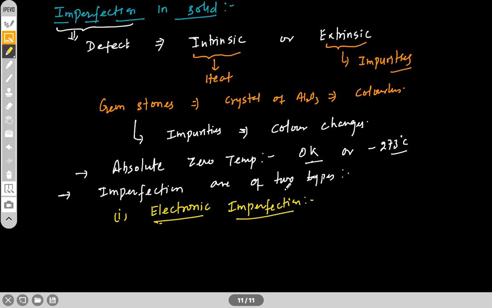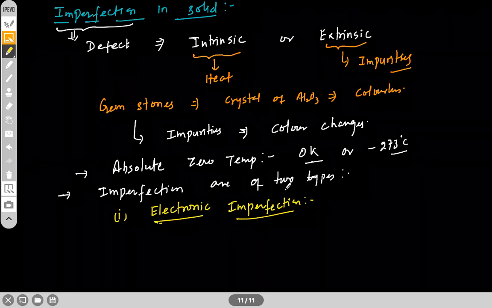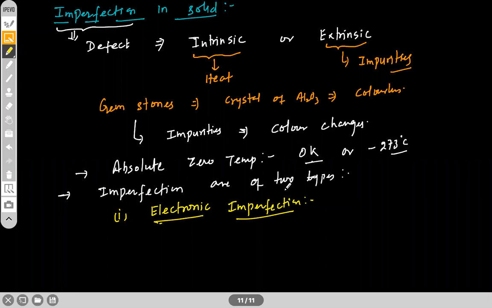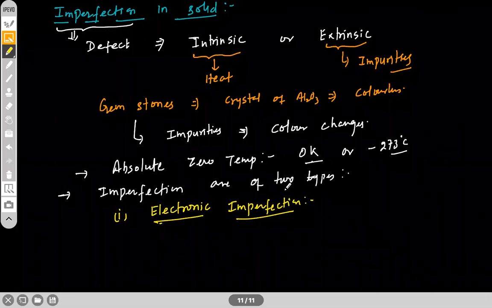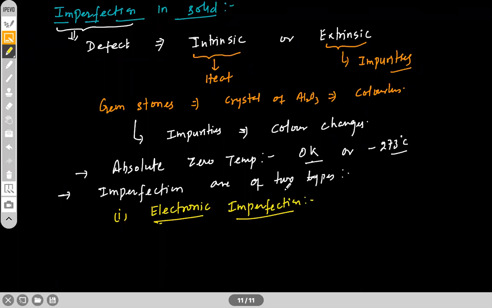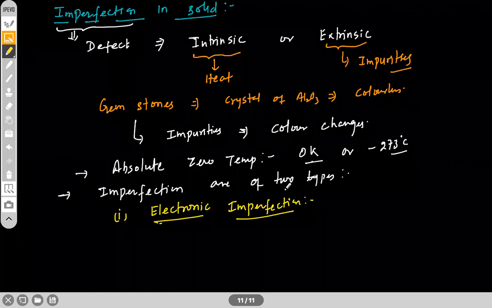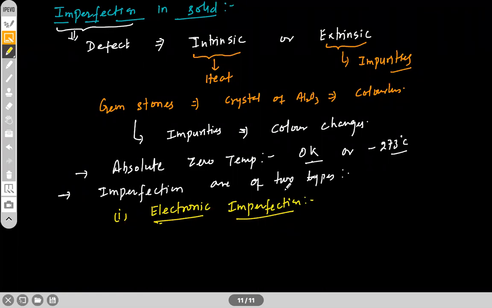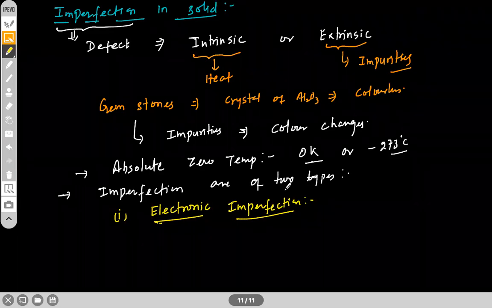Next point, at 0 Kelvin, absolute zero temperature, there are no mobile electrons. Mobile electrons means free electrons. At 0 Kelvin, there are no mobile electrons, hence no conduction.